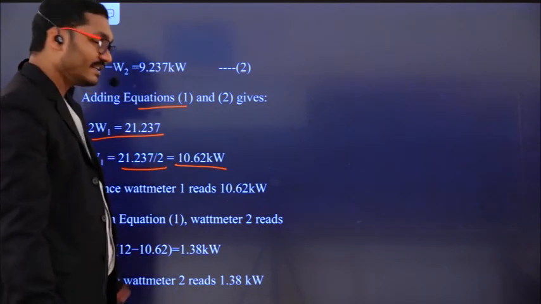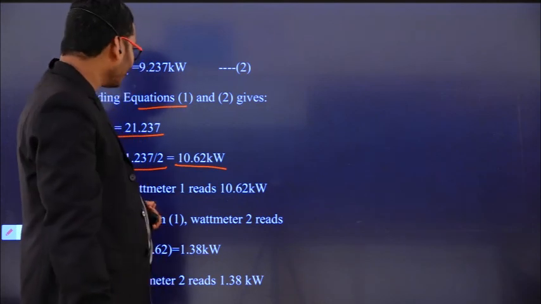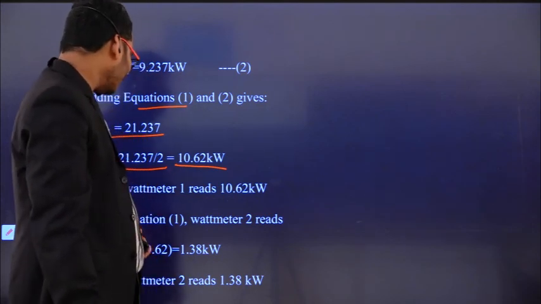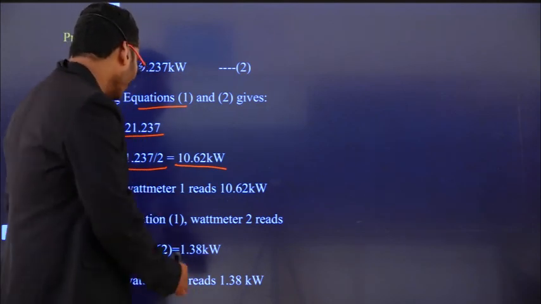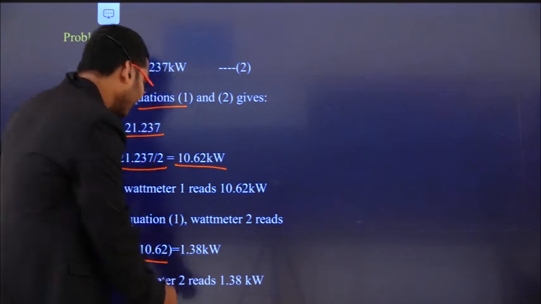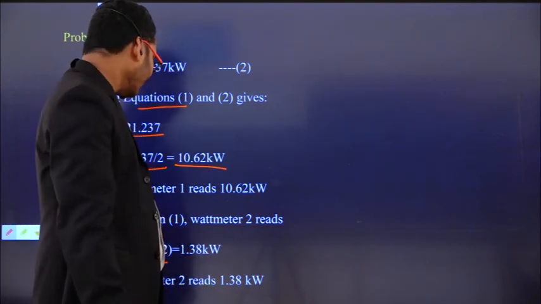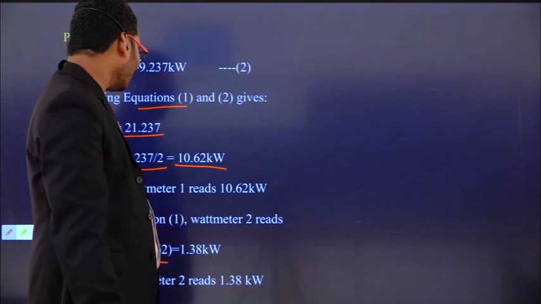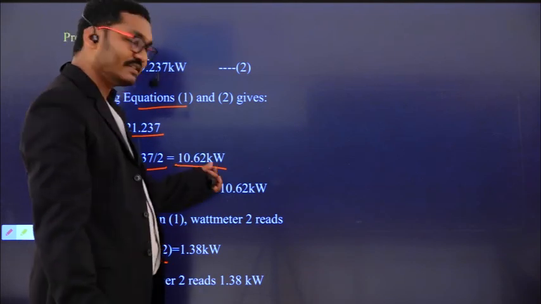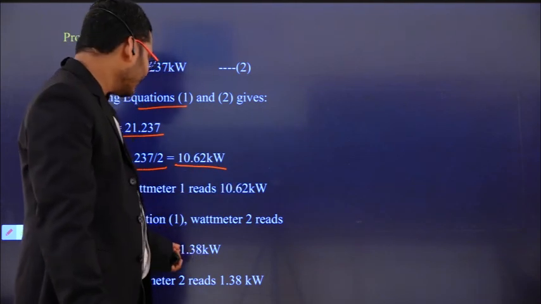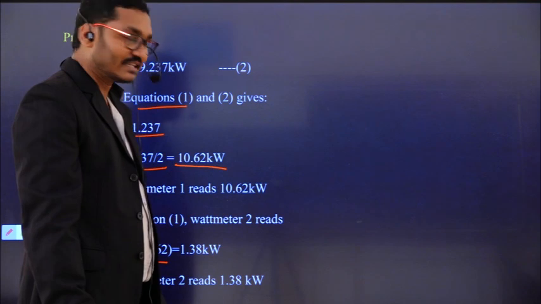Once you get W1, you can get W2 from any equation. Substitute in equation number 1: 12 minus 10.62 gives 1.38 kilowatts. These are the wattmeter readings. Wattmeter 1 reading is 10.62 kilowatts. Wattmeter 2 reading is 1.38 kilowatts.